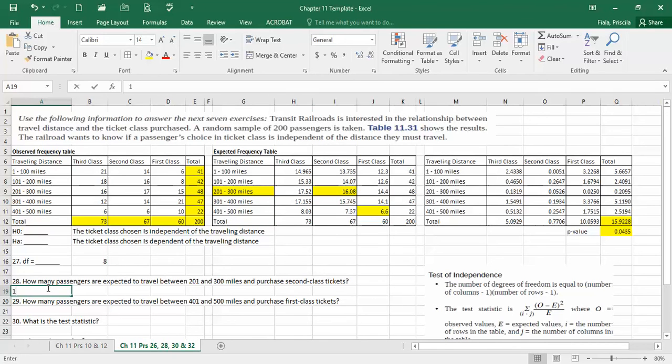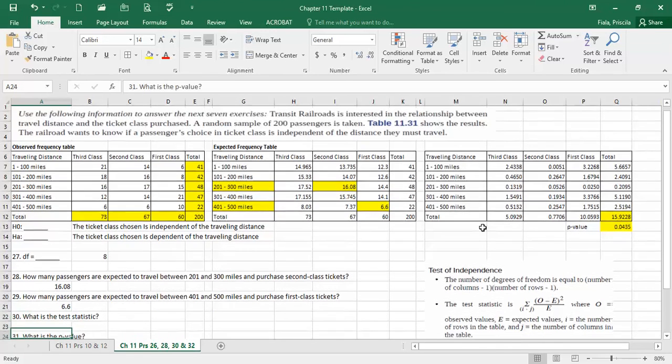There we go. 16.08. It's your answer, right? And then the next one now, how many passengers are expected to travel between 401 and 500 miles and purchase first class tickets. There we go, 6.6. What is your test statistic?